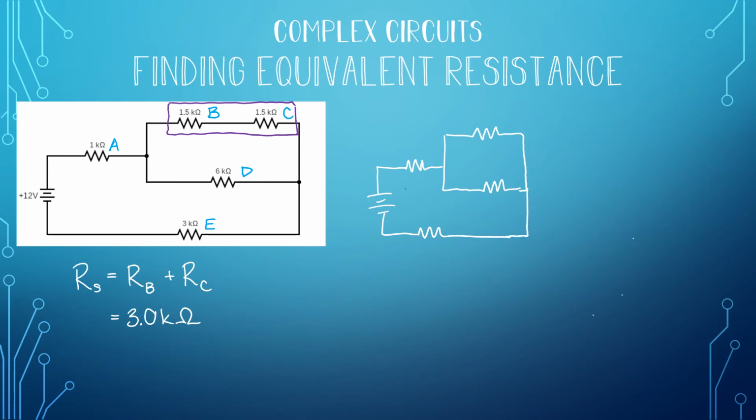So notice that I've just drawn one resistor up here. I'm going to call this resistor BC since I combined B and C to get that resistor. And it has an equivalent resistance of 3 kiloohms.